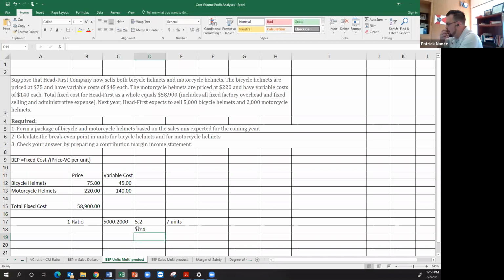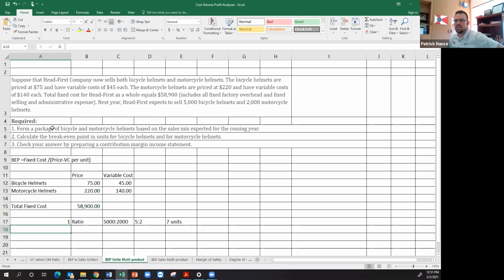It could be 15 and 6. This would be 14 units, 21 units, and so on. That's one package. So every package is a group of them, making sure that we maintain the ratio of 5,000 to 2,000, or in this case, a 5 to 2 ratio.